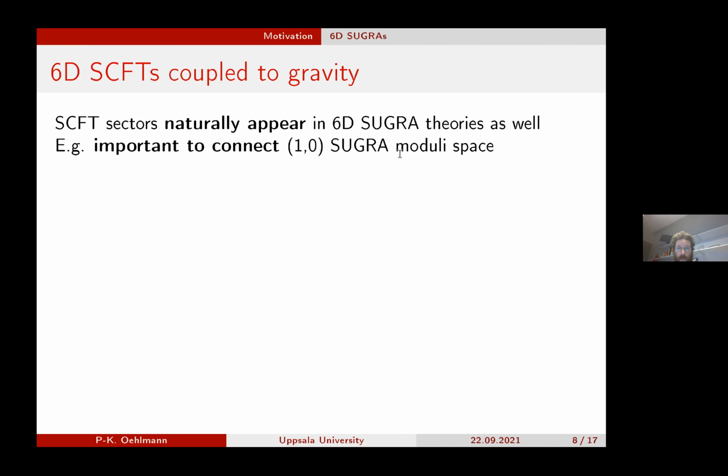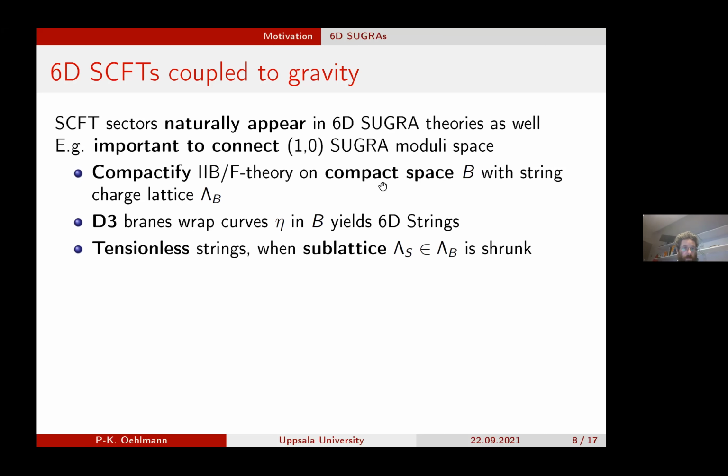And they are also very important to connect the whole landscape of 1,0 supergravity theories that have different numbers of tensor multiplets. So in order to connect all these different theories, you will always go to some sort of SCFT point.